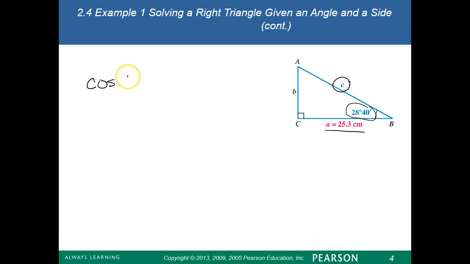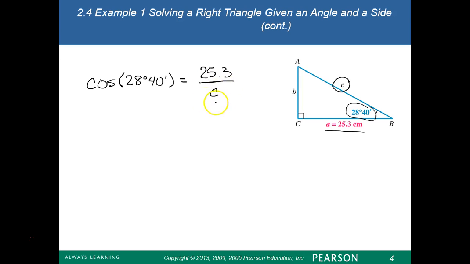Like I said before, with a tangent or cotangent, I would go with cosine because that's a function on your calculator. So cosine of your angle B, which is 28 degrees and 40 minutes, is equal to your adjacent over hypotenuse, so A over C. Your A is 25.3, and C is what we're trying to figure out.